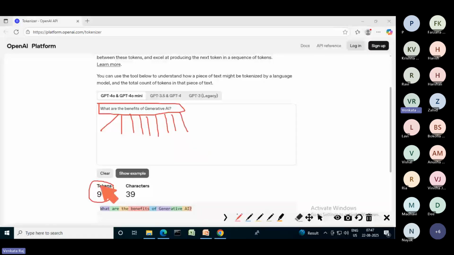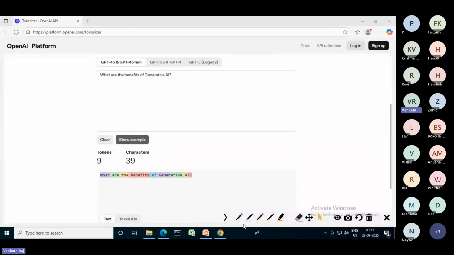Now what are these blocks? You see, it was able to find out the number of characters, and then there is a color coding given below. The 9 distinct blocks, how it broke it down, is given over here, everyone.